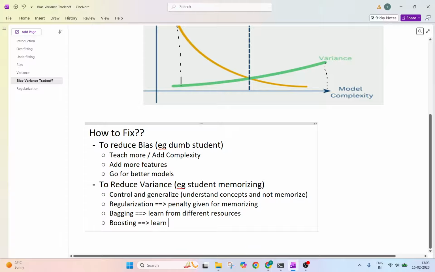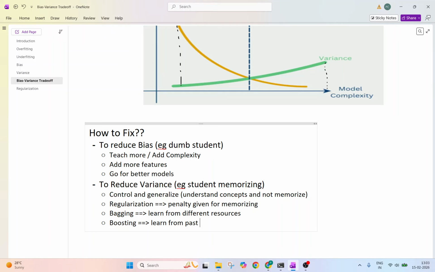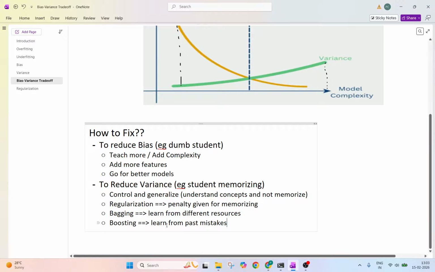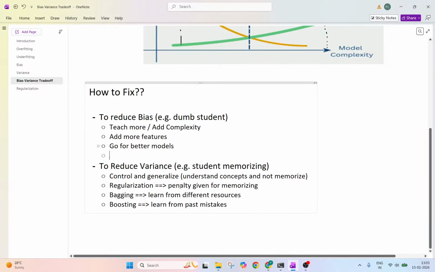The model keeps on making small errors, and boosting helps it understand from its past mistakes to keep on improving the model sequentially, one after the other, just by learning from its past errors. So this is how we actually go ahead and fix our ML model.